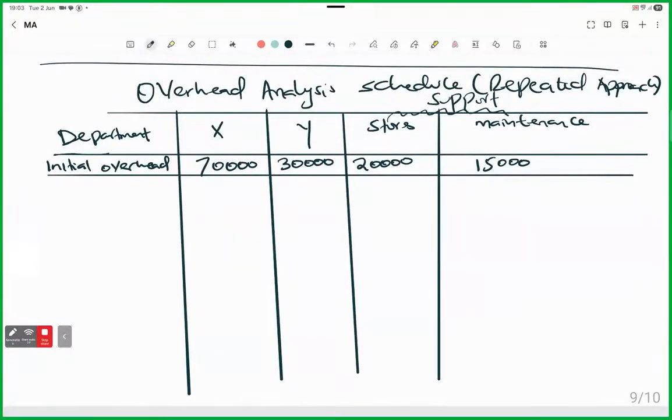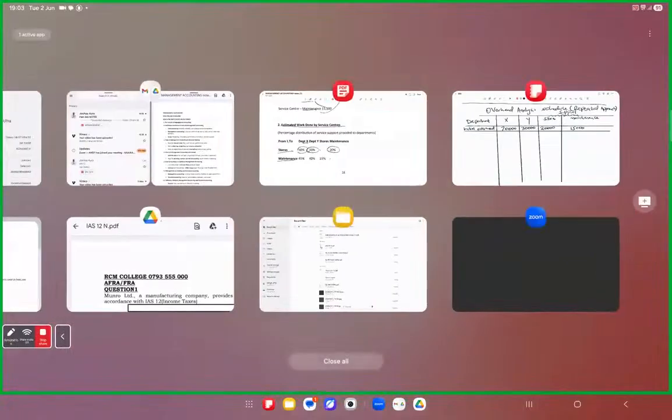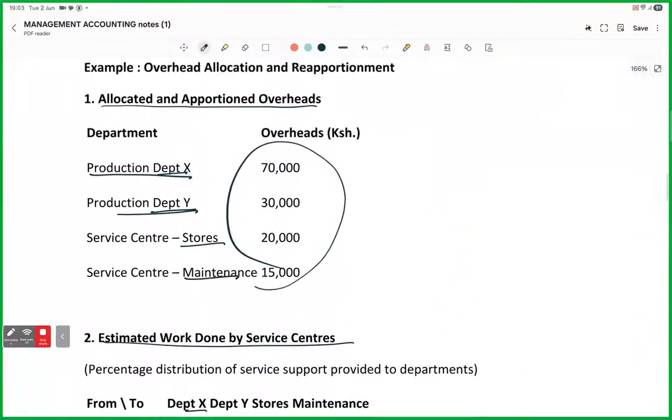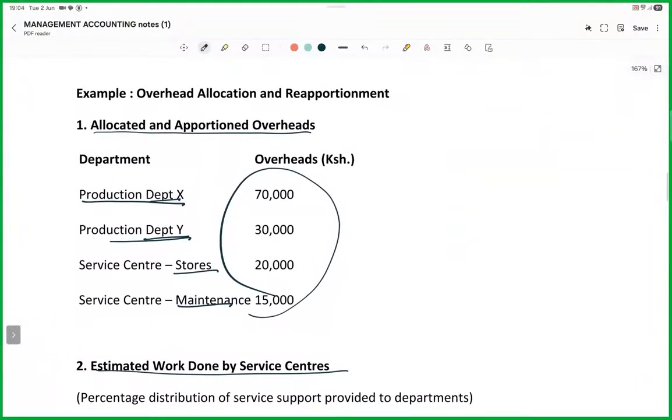So, ladies and gentlemen, what we are doing here is the overhead analysis schedule using the repeated distribution. And of course, we have our great question here. They have given us the initial overheads. But you see, we have 2 service departments: stores and maintenance.